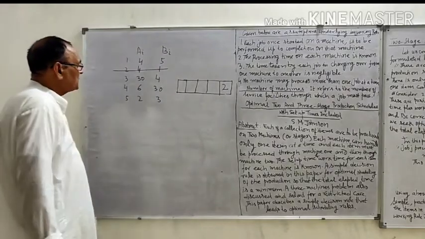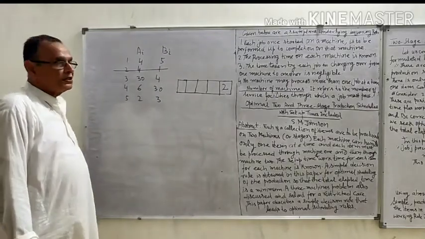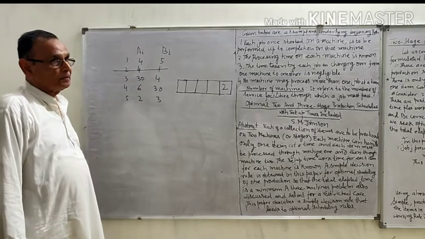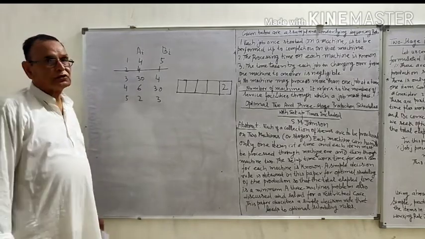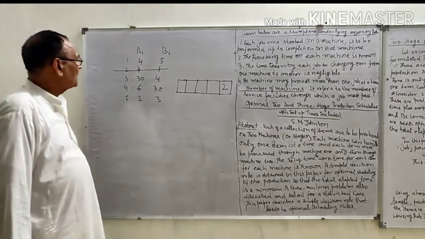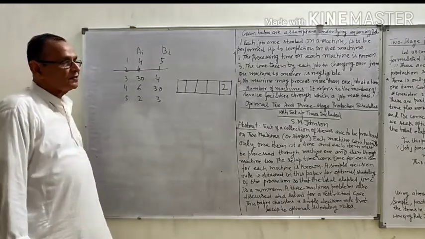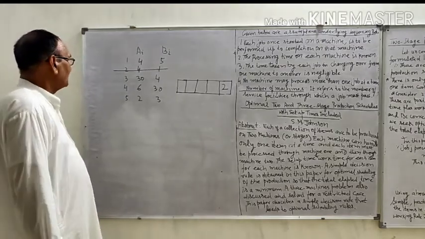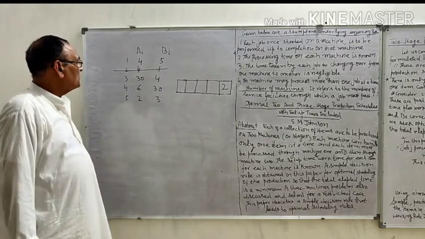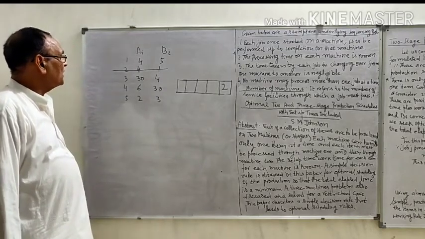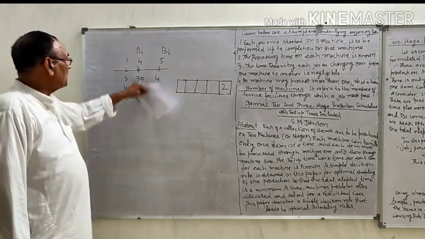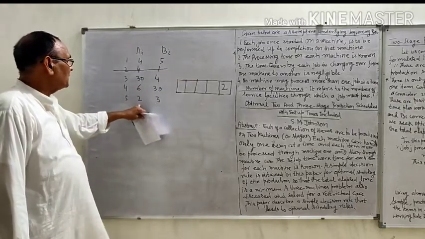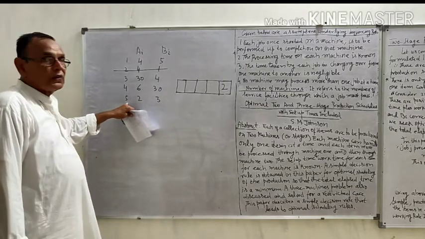And now you can cross it out. Then again we have to find the smallest processing time among the remaining processing times on machines A and B. You check now what is the minimum of all processing times. It is 2, but 2 is occurring for machine A, not for B, and the corresponding job is 5.